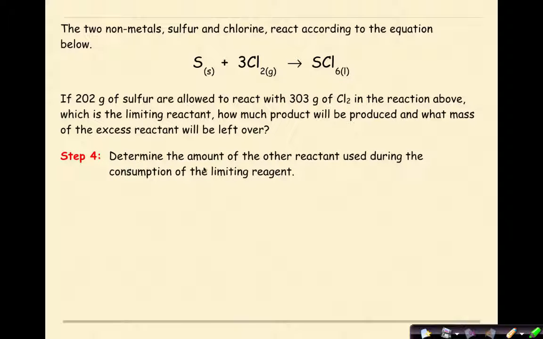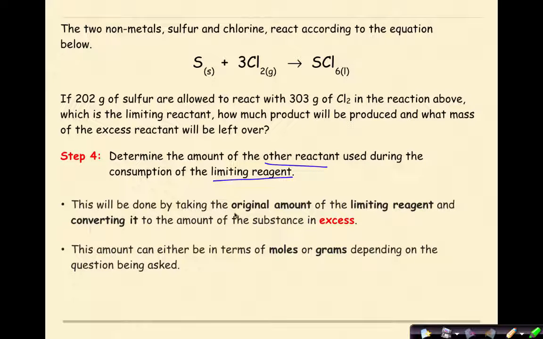Step 4, determine the amount of the other reactant used during the consumption of the limiting reagent. Remember again, this will be done by taking the original amount of the limiting reagent and converting it to the amount of substance in excess. This amount can either be in terms of moles or grams depending on the question being asked.